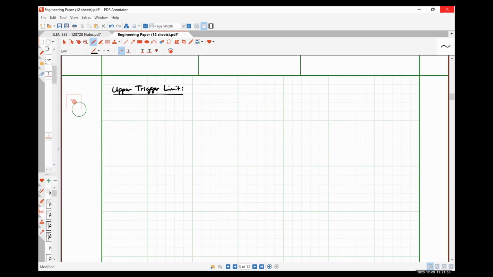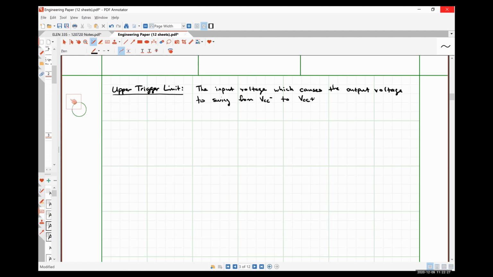So the upper trigger limit is the input voltage which causes the output voltage to swing from VCC minus to VCC plus.